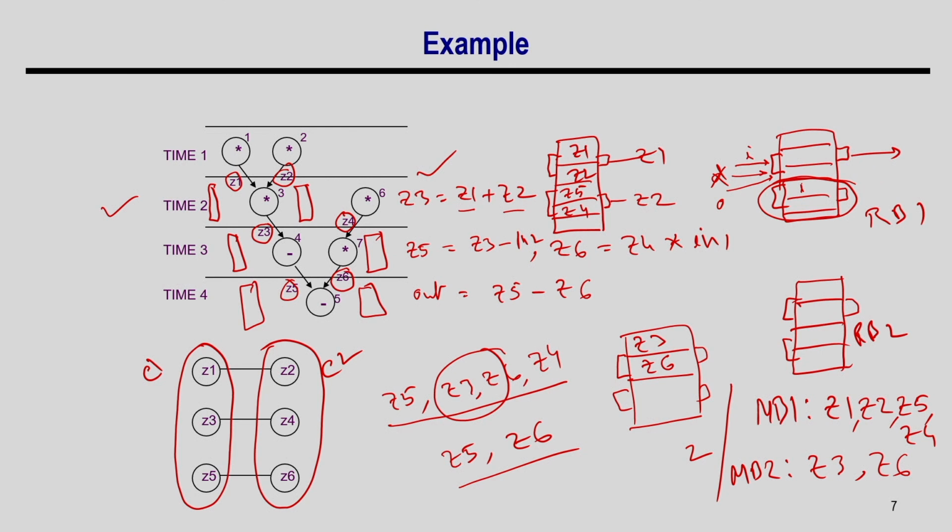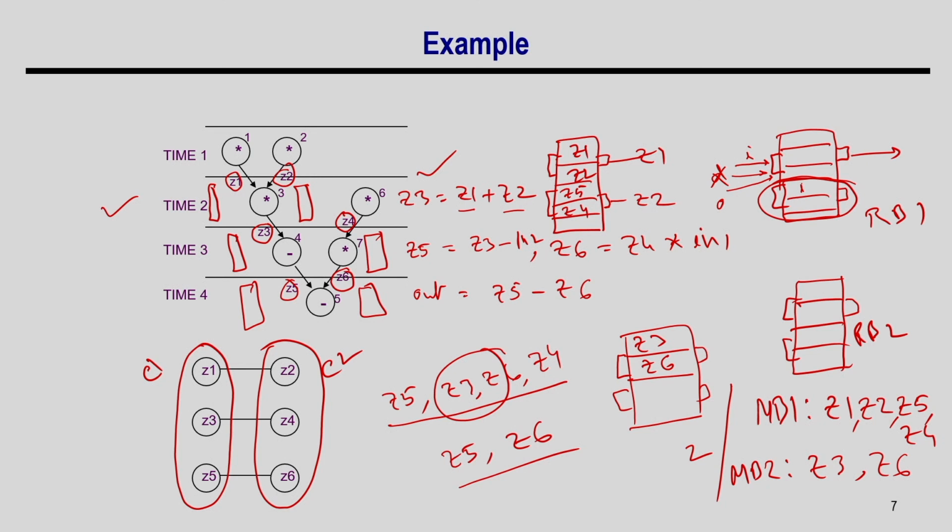Here what is more important is to identify the accesses in each step, right. What variables are accessed in each time step, and based on their access, you map these variables to the registers in such a way that your access is not violated, right. So, that is the problem here.